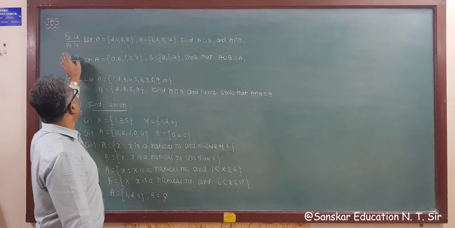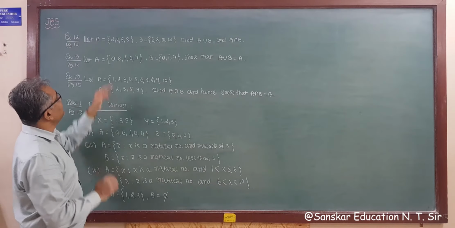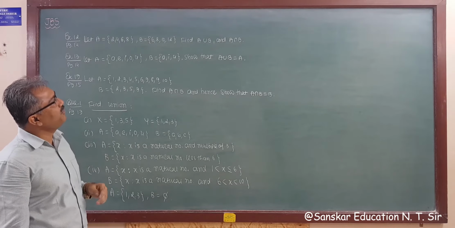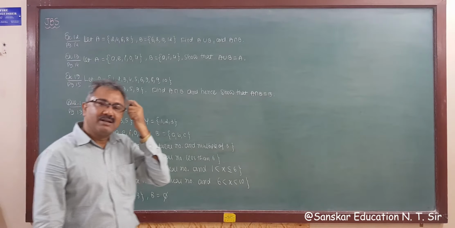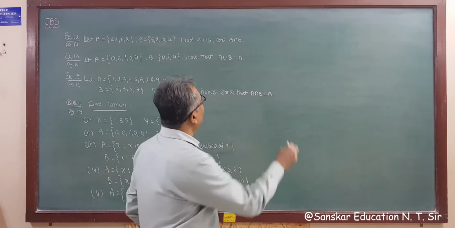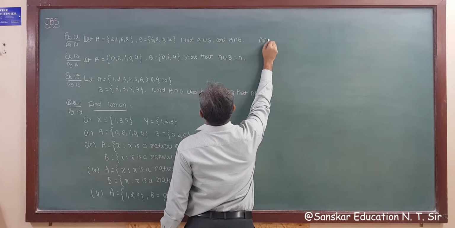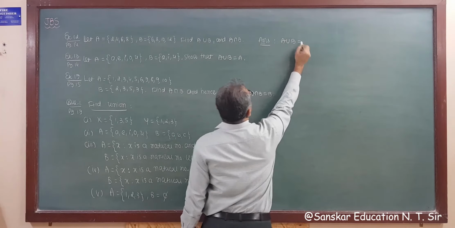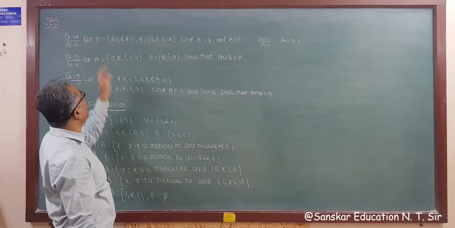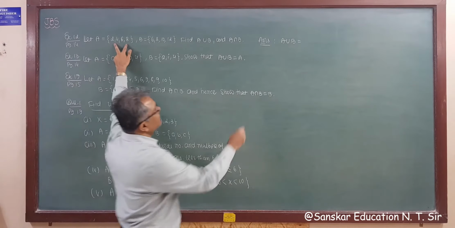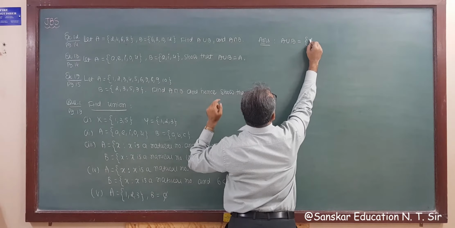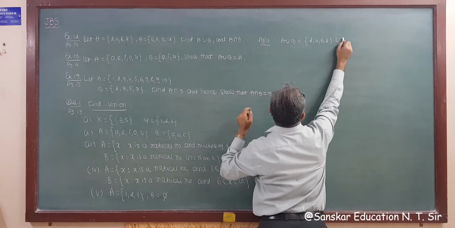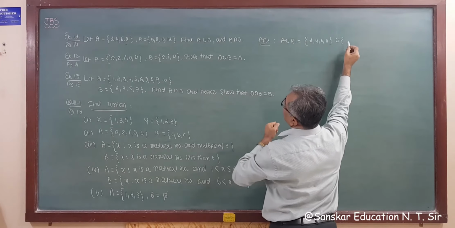So example number 12, page 14. Let A be {2, 4, 6, 8} and B be {6, 8, 10, 12}. Then find A union B and A intersection B. I am writing the answer here. First, A union B means all the elements of sets A and B. That is 2, 4, 6, 8, and the other set is 6, 8, 10, 12.